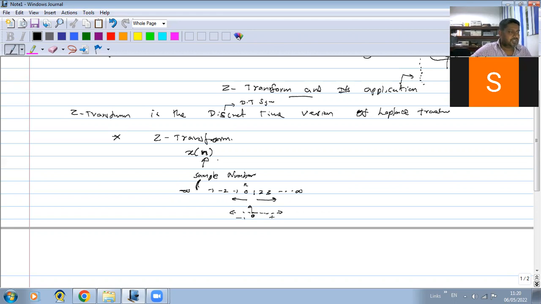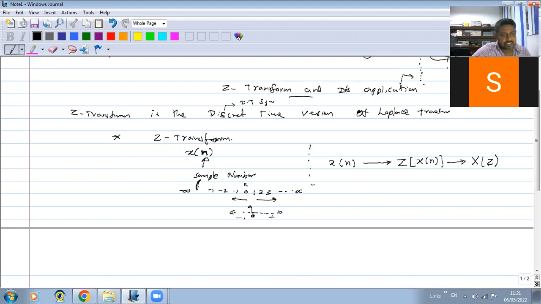So if you have a time series called x[n], and we get the Z transform of this x[n], which is a time domain signal, it is denoted like this: Z of x[n]. It is denoted using capital X(z).